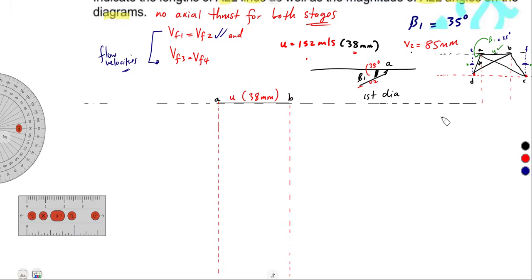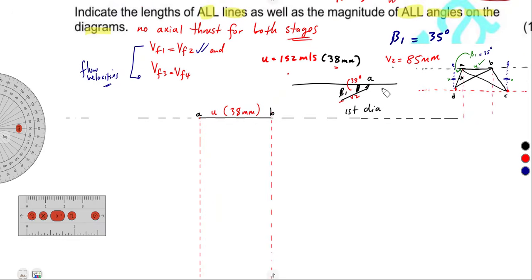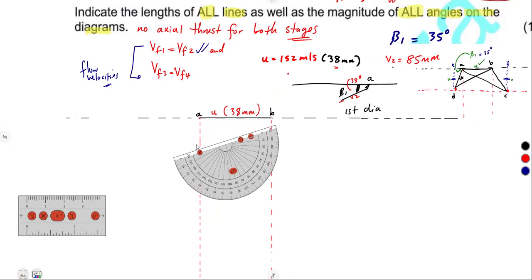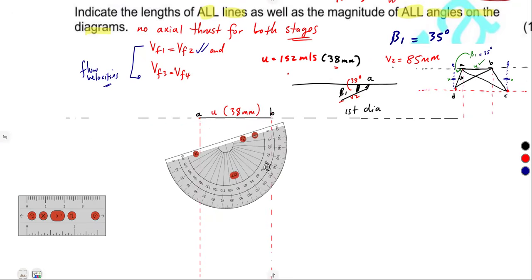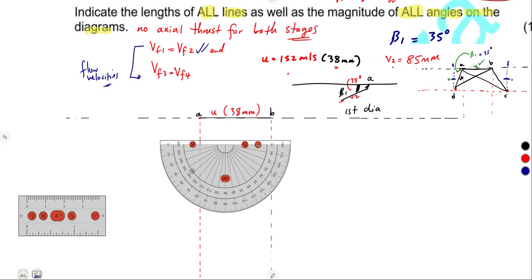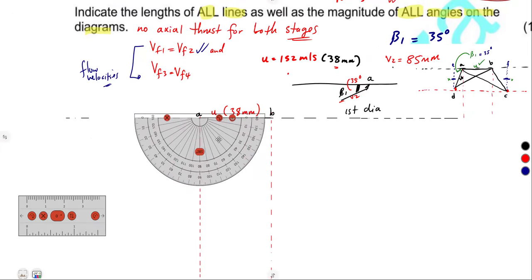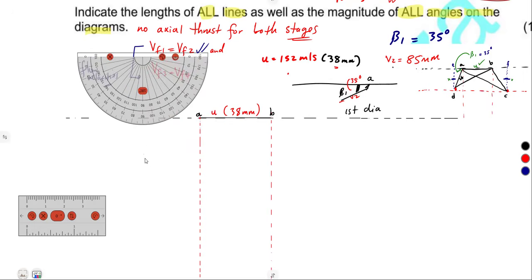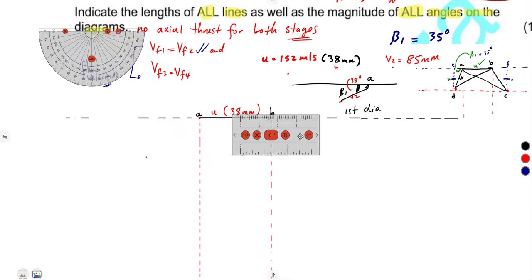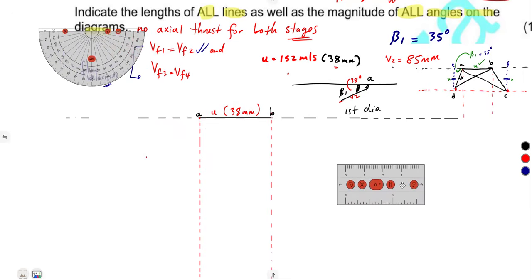So from point A, measure 35 degrees going out, this side. From this point A, you place it like this, then 35 somewhere here. That's where we've got our 35 degrees.